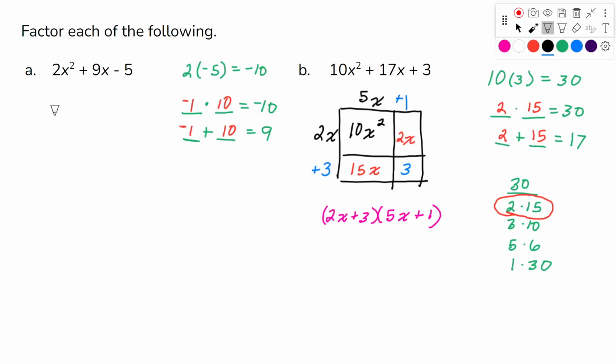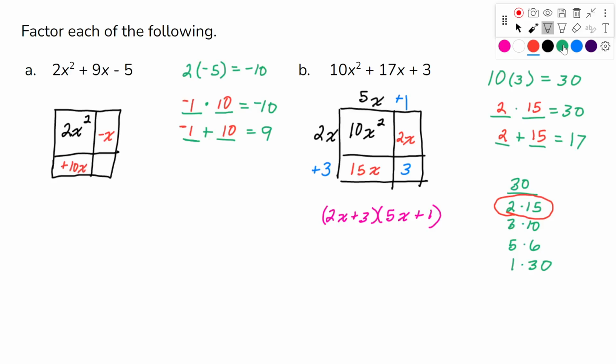So I'm going to go back here and I'm going to draw this square, or rectangle technically. We know we have 2x squared. We know from what we found with the factors of the negative 10, and we need them to add to give us 9, that we're going to have a negative x and a positive 10x.